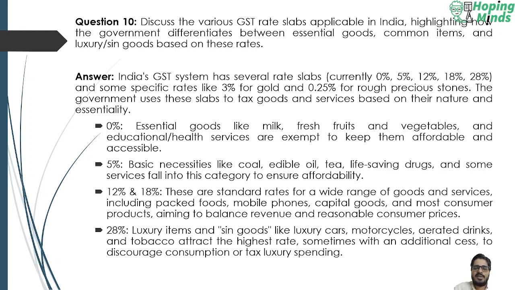Then 28% luxury items and sin goods like luxury cars, motorcycles, aerated drinks and tobacco attracts high tax rates, sometimes with an additional cess also to discourage consumption or tax luxury spending. So in this way, government uses the tax rate to tax goods and services on the basis of their nature and essentiality.